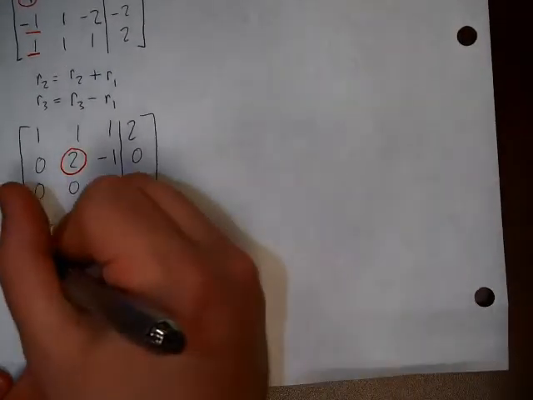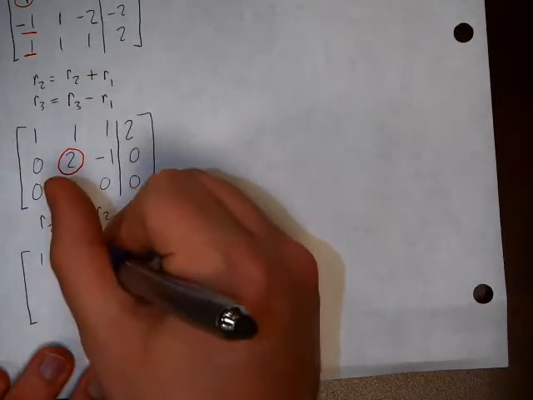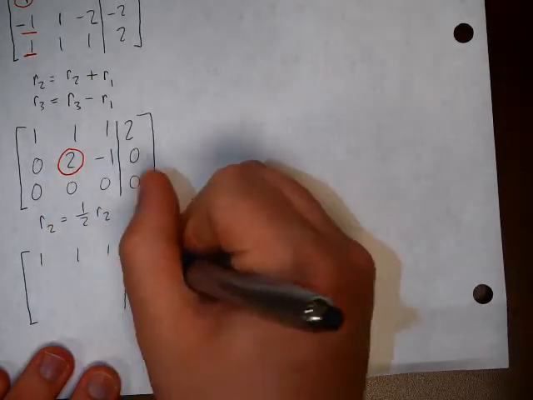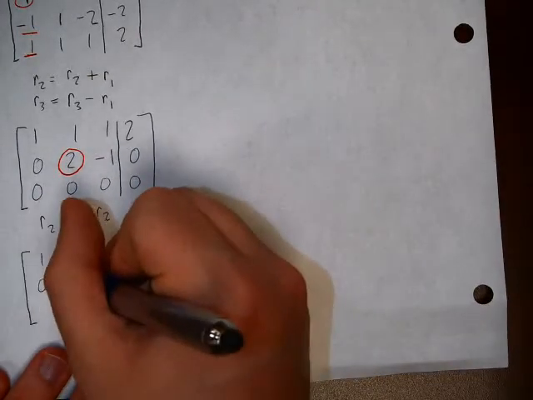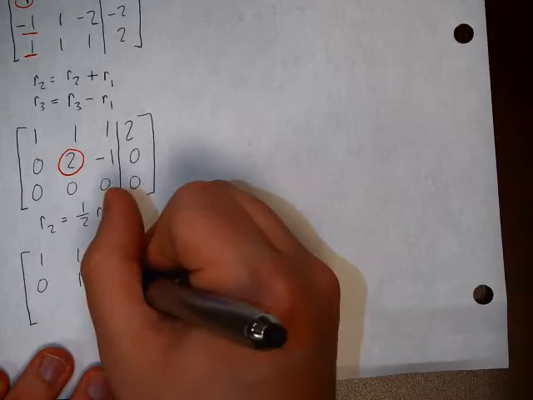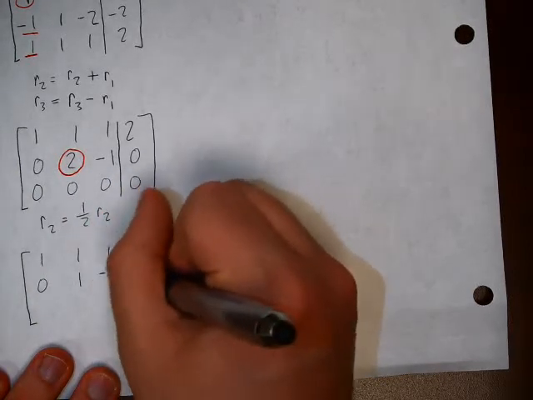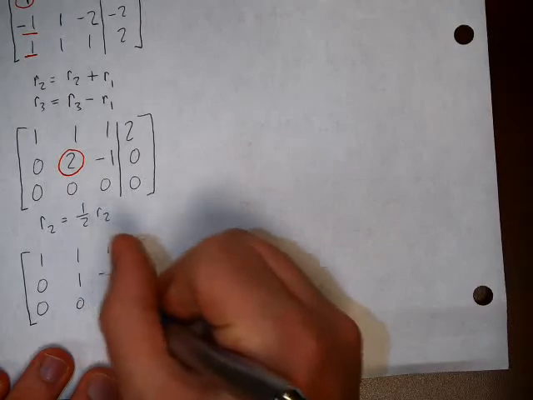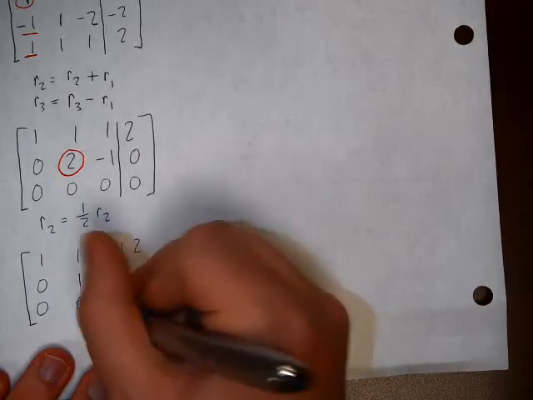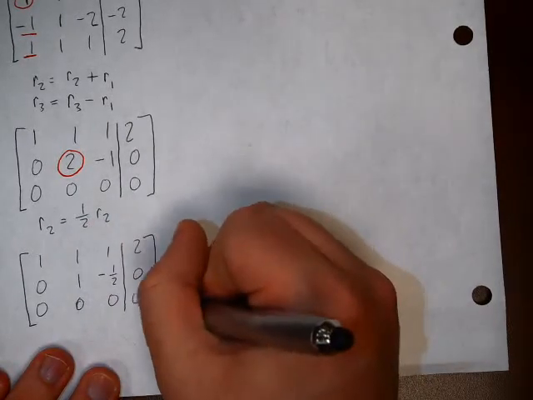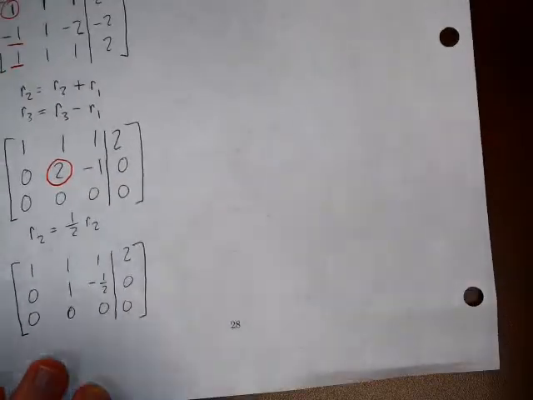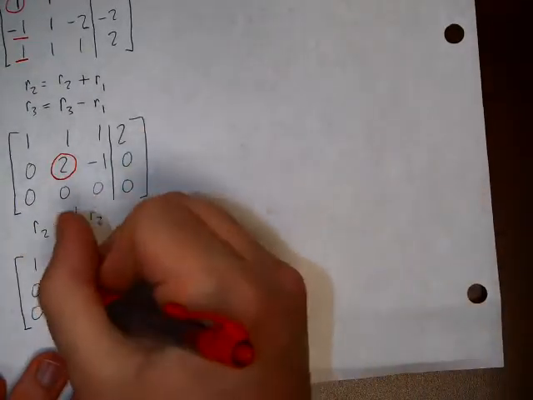And so when we do that, the first row does not change, 1, 1, 1, 2. The second row becomes 0, 1, negative 1/2, 0. The last row becomes 0, 0, 0, 0. Alright, so we have our leading 1.